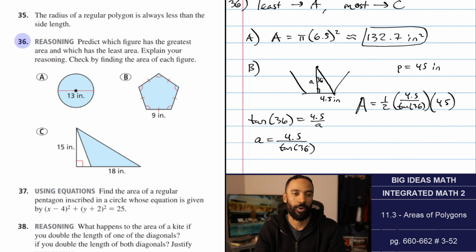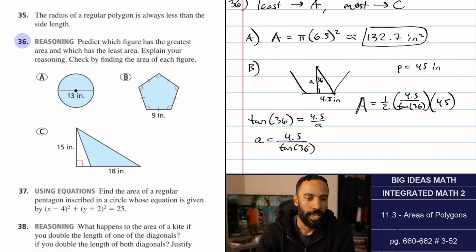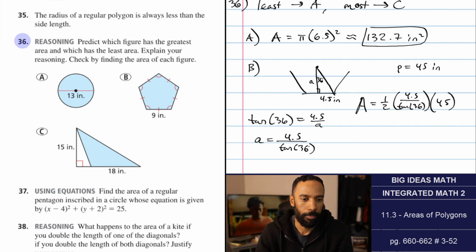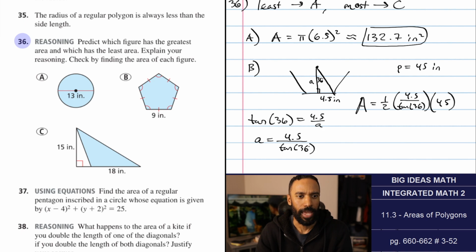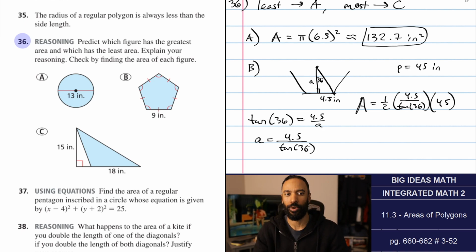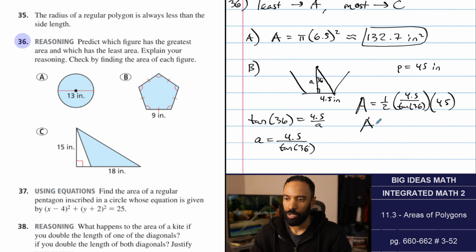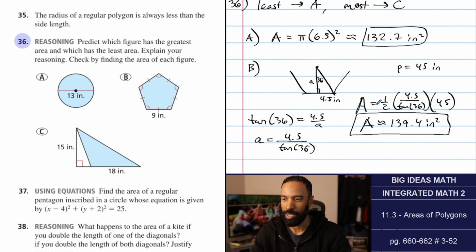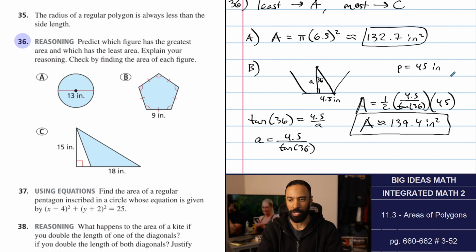I still don't know what it'll be until I calculate that. Half of 4.5 over tangent of 36 times perimeter, and I get 139.4 square inches. As far as a comparison between A and B, A is slightly smaller than B.